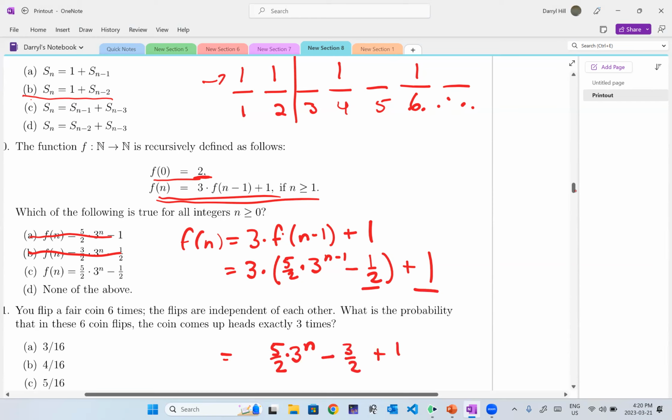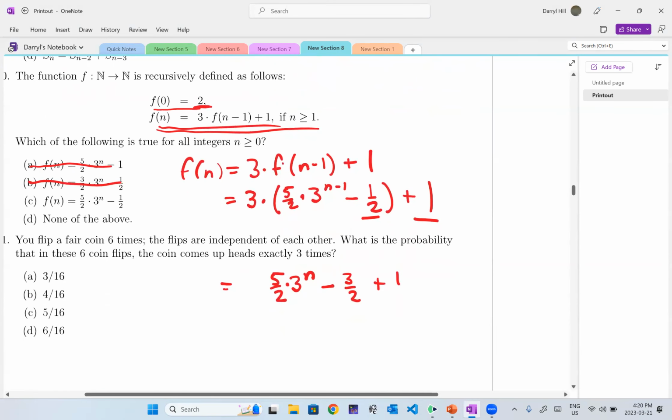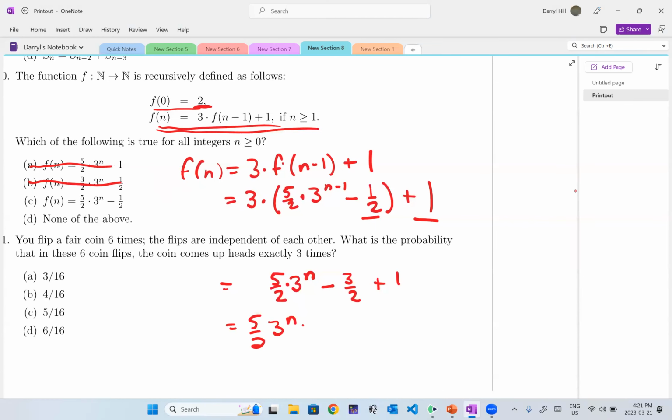That's the plus 1. Minus 3/2 plus 1 is equal to 5/2 times 3 to the power n minus 1/2. And that does give me back this closed form. So that means C is the correct answer here. All right, questions?